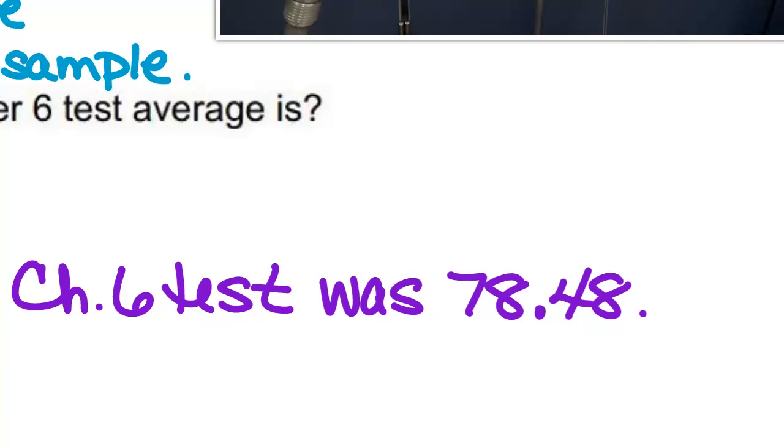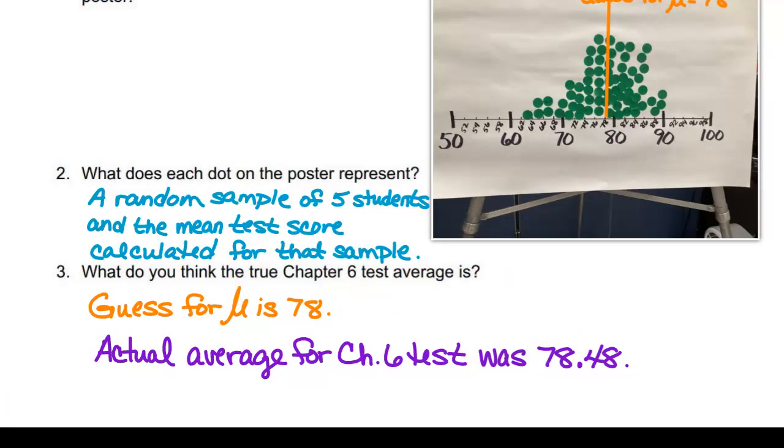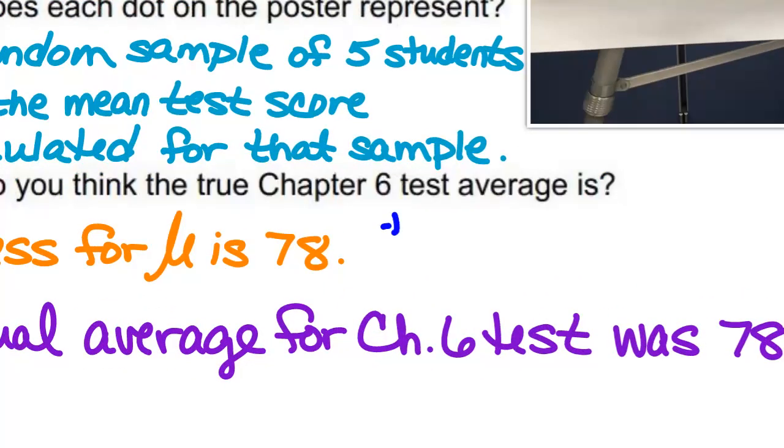I'm not going to add all 68 of those little numbers together and divide by 68, but we could to find out what the actual mean of our sampling distribution is. But just from a visual, we got pretty close to what the actual population average was. So we're going to go ahead and write that down too. We have an unbiased estimator.